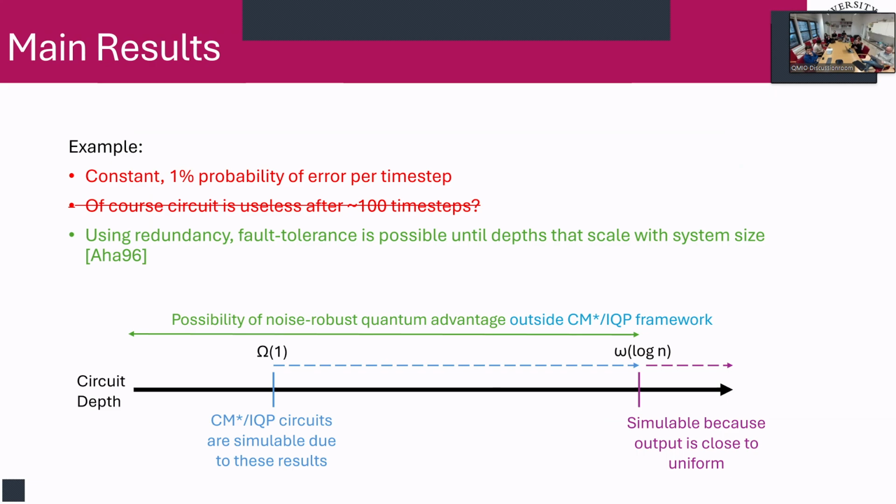If you relax this assumption of IQP, then from what Aronov wrote in that paper, it follows that there is no classical algorithm. She basically shows that it's possible to encode all of QNC1 computation in a noise robust circuit up to log n depth.